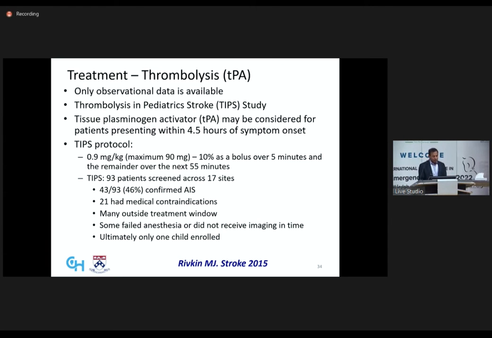They identified 93 patients across 17 sites, and ultimately only one patient was enrolled and eligible for treatment. So it is still a relatively rare condition, and to diagnose it within 4 hours of onset so that you can institute the treatment, and then randomize them into no treatment versus treatment, is just extremely difficult.